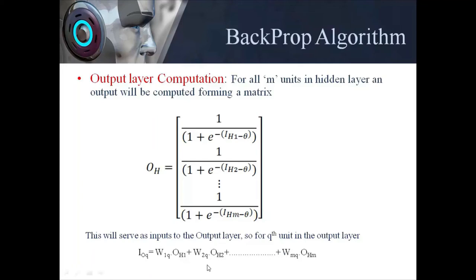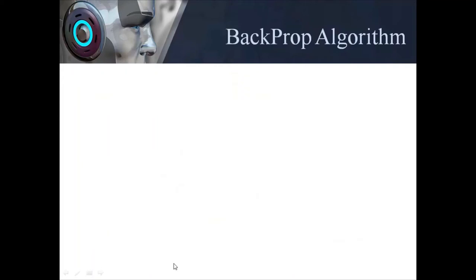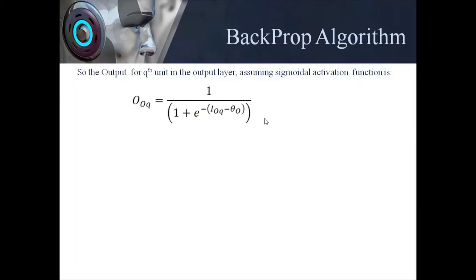So with this knowledge, I am able to compute the input which is coming to my output layer unit. Once I know the input I am going to get, I again calculate the output of any output layer unit, assuming a sigmoidal activation function.